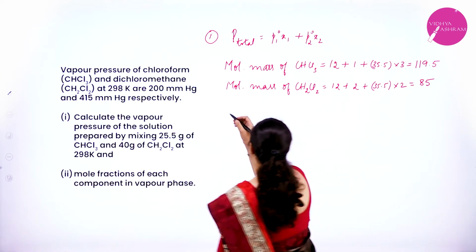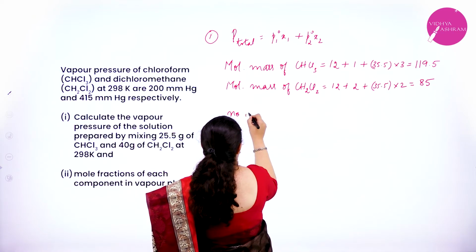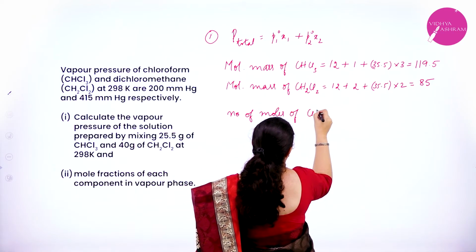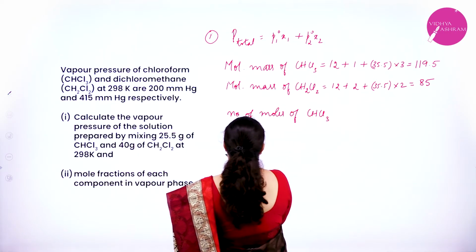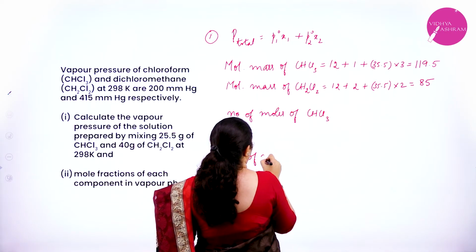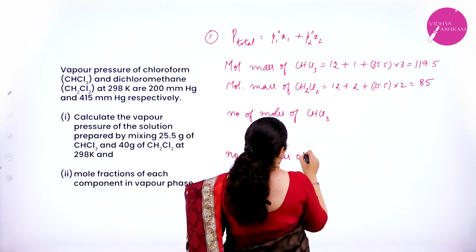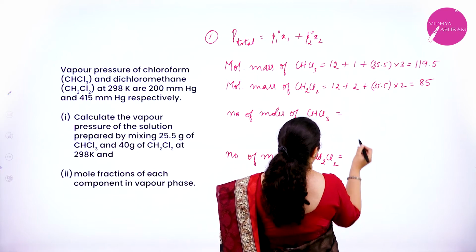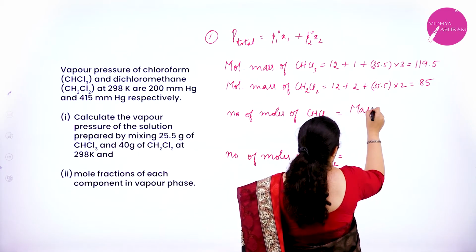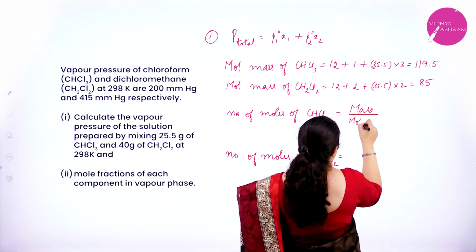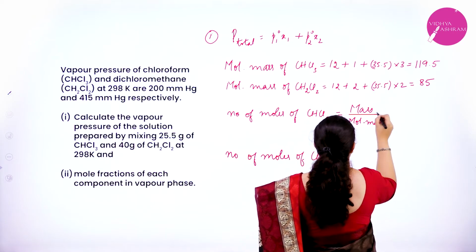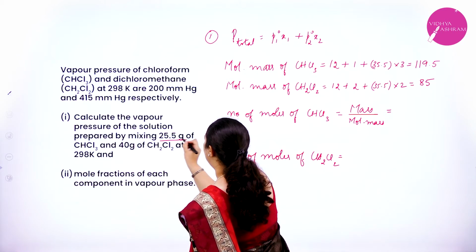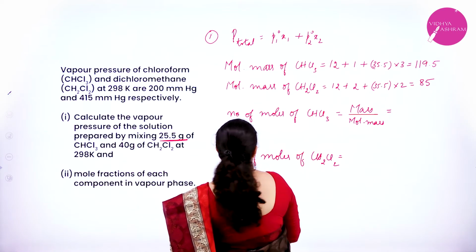Now the number of moles of CHCl3 and the number of moles of CH2Cl2, both I shall calculate. It is mass by molecular mass. First chloroform. From my question, chloroform is 25.5 grams.